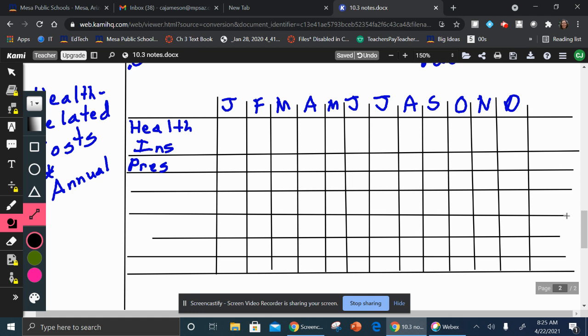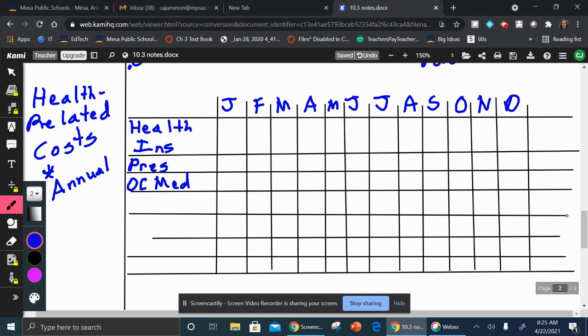So we have prescriptions, over-the-counter meds, doctor visits, life insurance, and then we have health club dues.